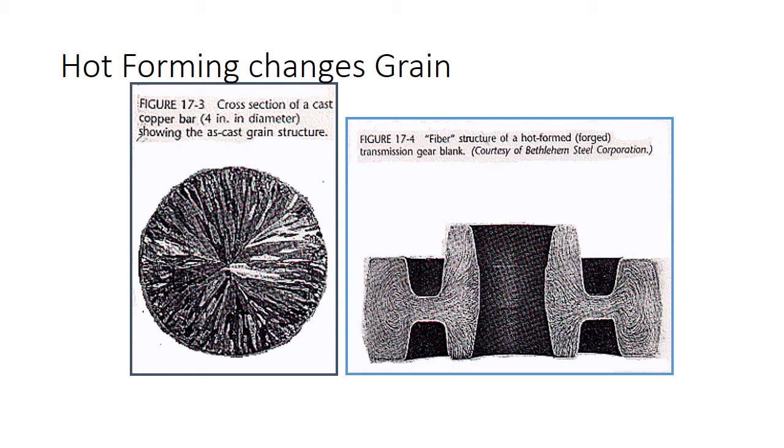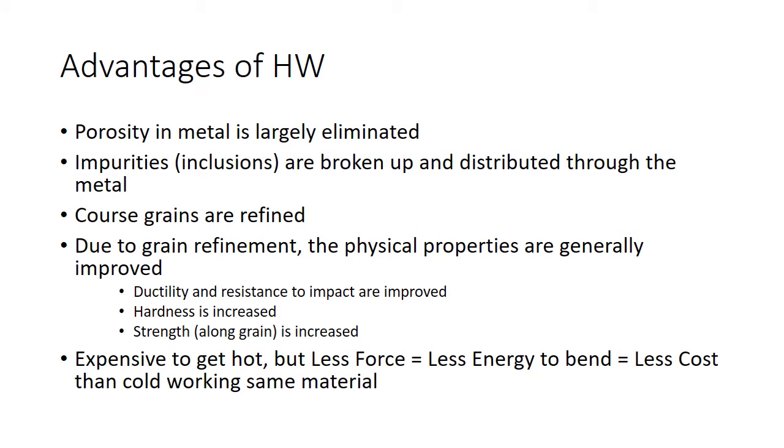You can see the straight lines in the thin part of the gear and thick on the outside where the gear cogs will be, and they loop around, increasing the strength of this. Think of that as just additional strength to that piece of steel. And so it's with hot working, like forging, that you can actually manipulate these grains.